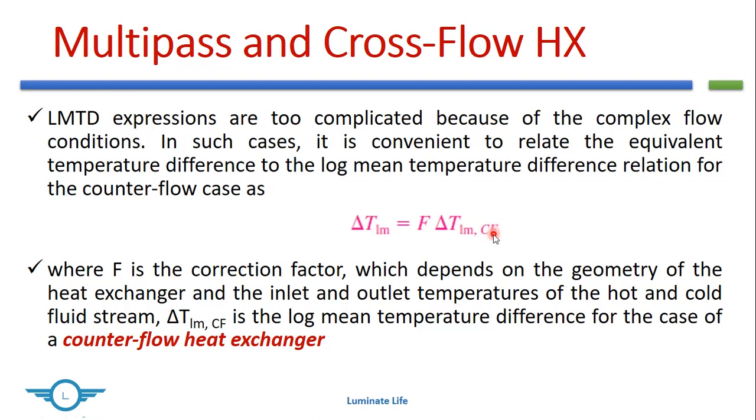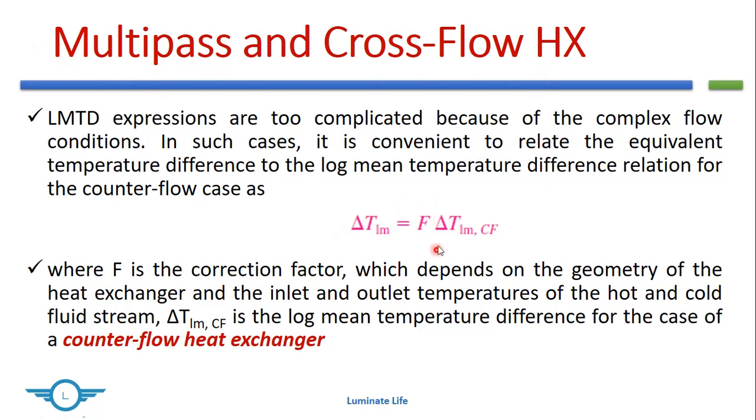That is done by multiplying the LMTD for a counterflow with a correction factor F. This F is called the correction factor, which mainly depends on the geometry of the heat exchanger, and delta T LMCF is the LMTD corresponding to the counterflow heat exchanger. So you first find the LMTD corresponding to the counterflow arrangement, then multiply it by a correction factor to get the LMTD for a multipass and crossflow heat exchanger.